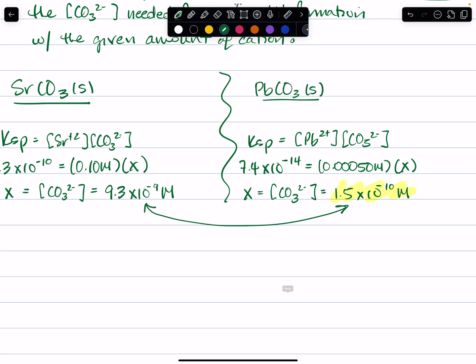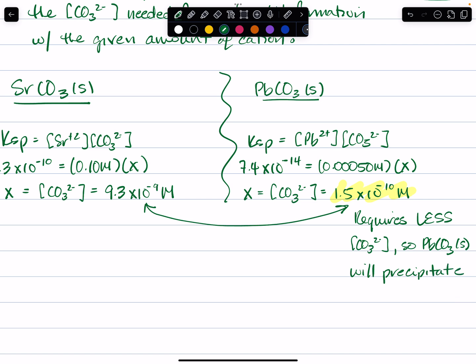All right, so this requires less carbonate ions. So PbCO3 solid will precipitate first.